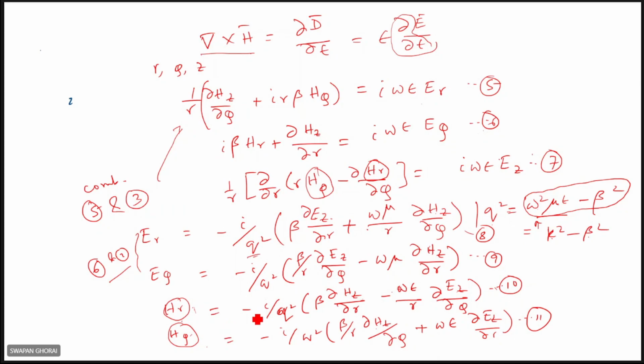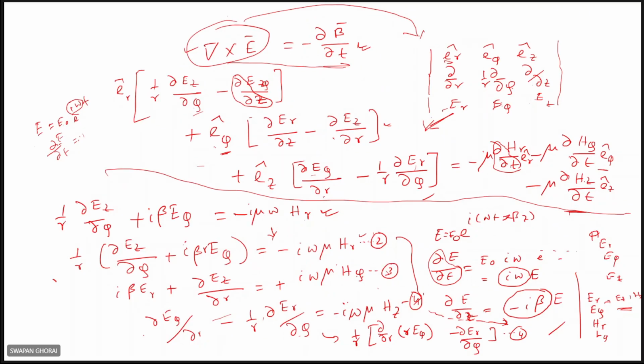into that previous equations. Previous equations means in these equations, say HR and H5. Here you see 2, 3, 4.